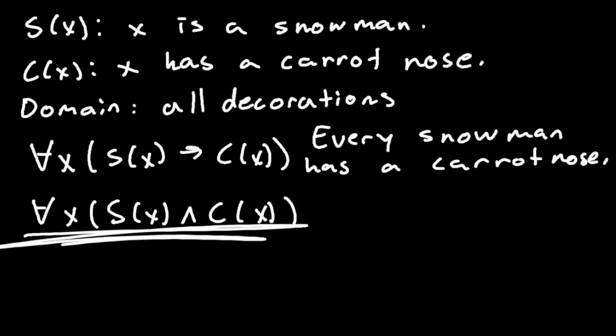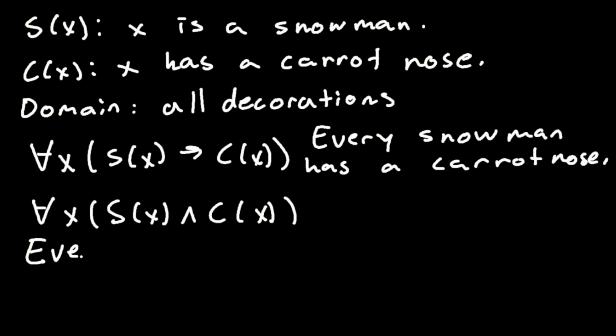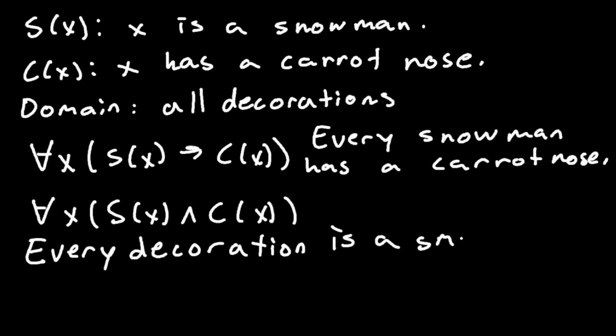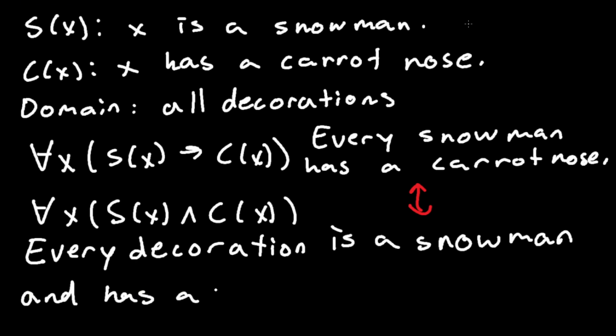If we write this sentence down using the AND operator, we write down every decoration is a snowman. And this might already be pretty obvious to you, but these sentences are completely different, right? We're basically saying every decoration is a snowman and has a carrot nose.